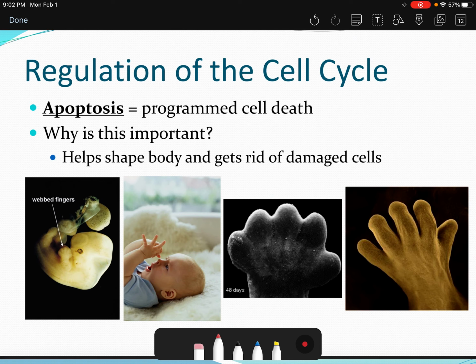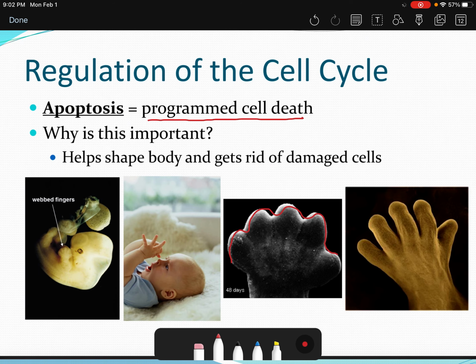Another term associated with regulation of the cell cycle is apoptosis. Apoptosis is programmed cell death. And why is this important? Well, it helps shape our body and helps get rid of damaged cells. So as you were growing inside your mom and developing, all of us at one time had webbed fingers like this.